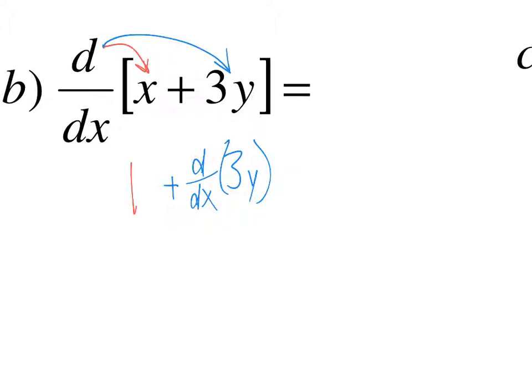What's the derivative of this with respect to y? 3 times the derivative of y with respect to x. So our answer in the end is just 1 plus 3 dy dx. And that is the answer. That's all you can do with that.